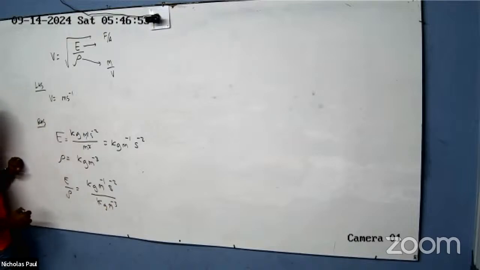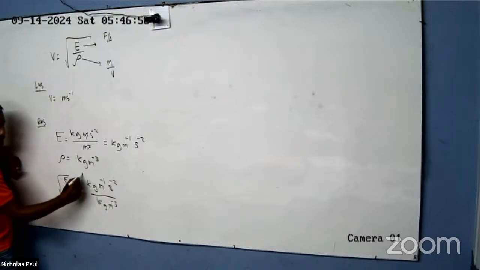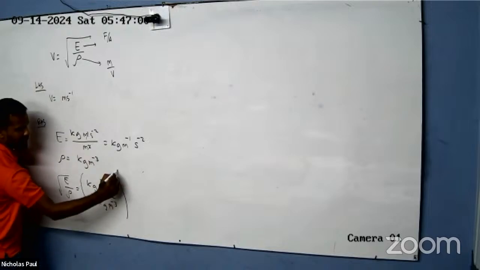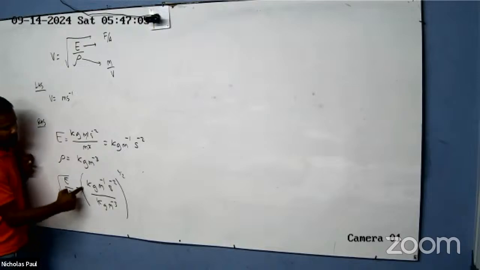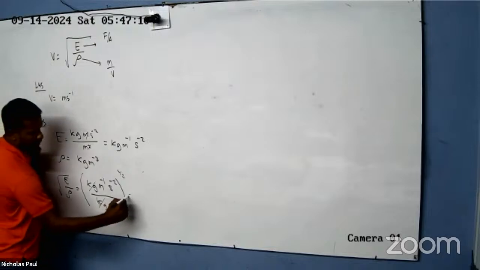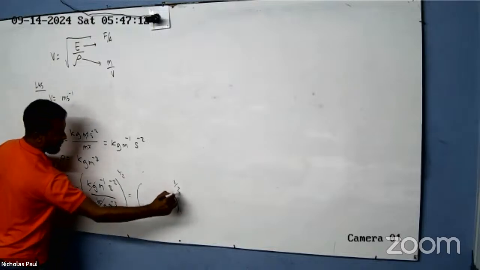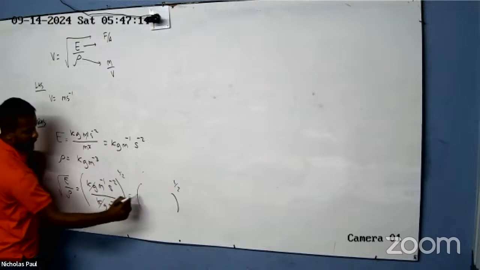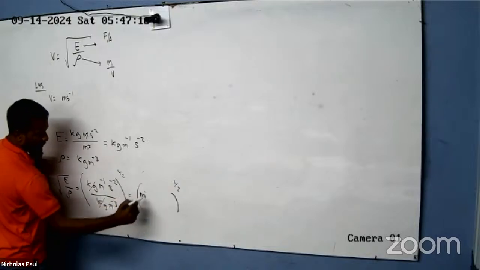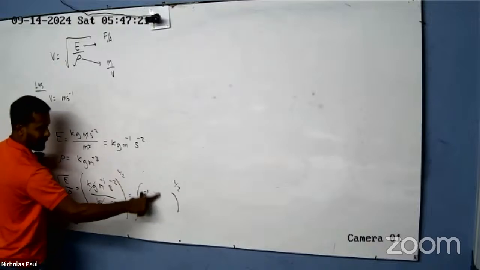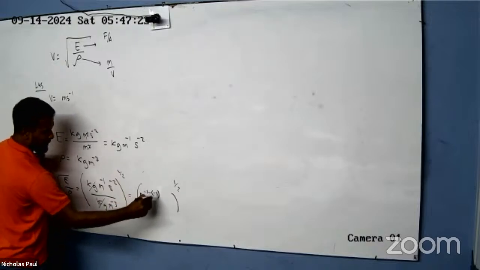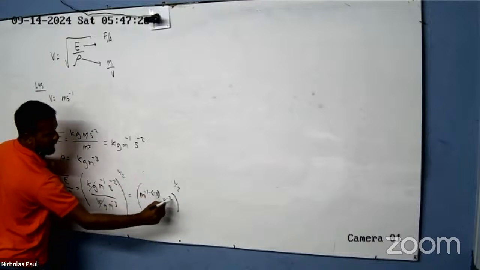Everybody okay with that? But what do we have to do? We have to square root. Square root means to the power of a half. But what happened with the kgs? Kg will cancel, so to the power of a half, we will have m to the minus 1 minus minus 3, sorry, m to the 2, s to the minus 2.